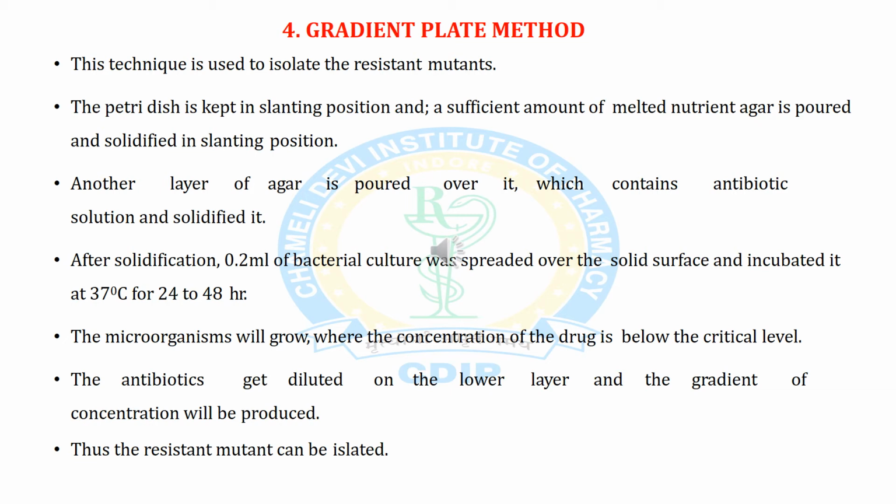The microorganism will grow where the concentration of drug is below the critical level. The antibiotic gets diluted in the lower layer and a gradient of concentration is produced. Thus, the resistant mutant can be isolated. So this is the picture of the ditch plate method or gradient plate method.